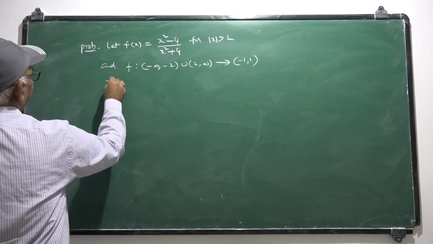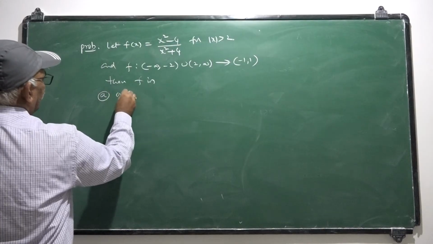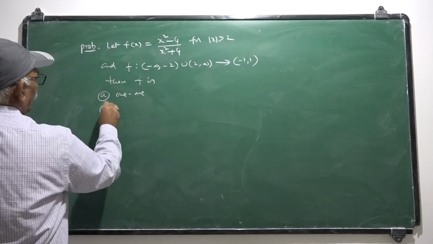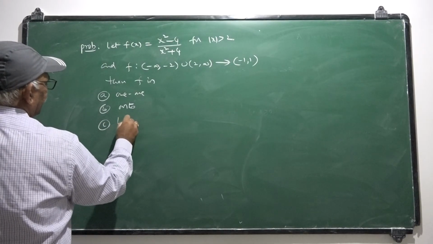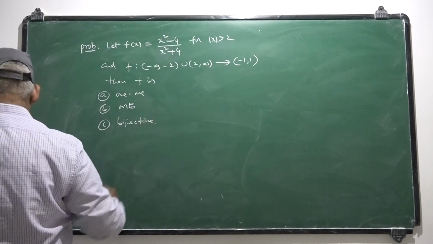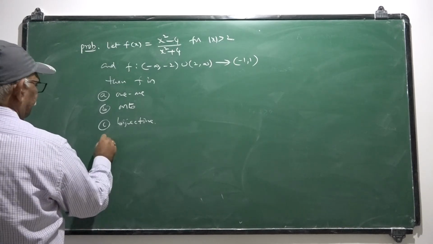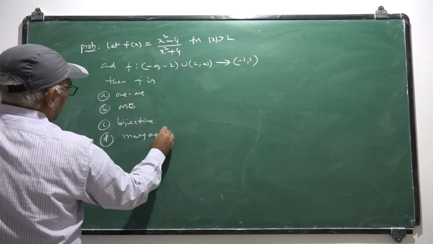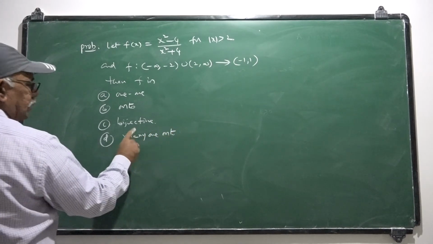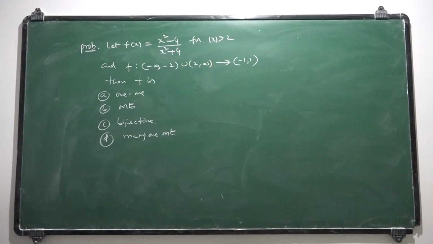Then f is, A, 1-1, B, onto, C, bijective, D, many-one onto. That means not 1-1 but onto.